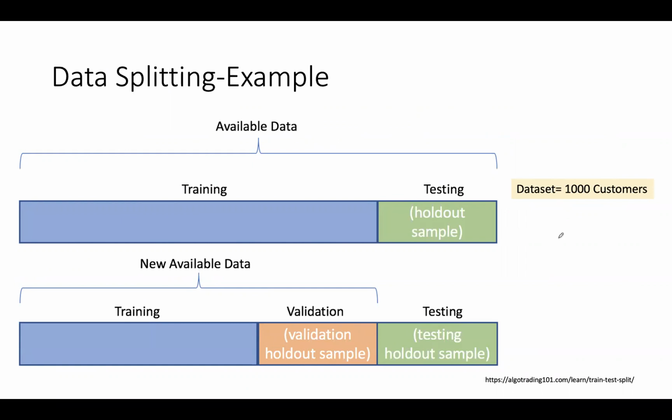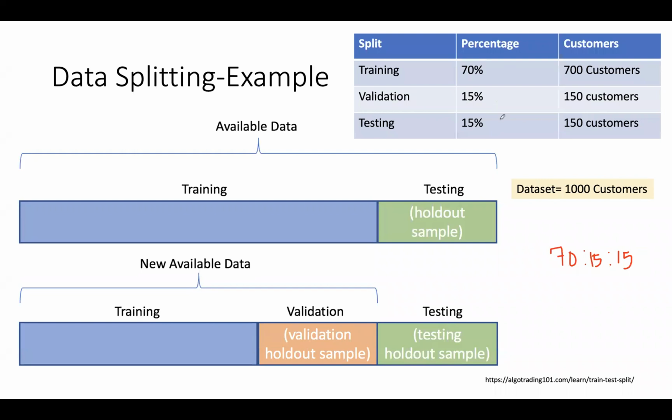So in this case, let's say we want to use 15% for our validation and 15% for testing set. So when we do that, we'll generate a table like this, right?